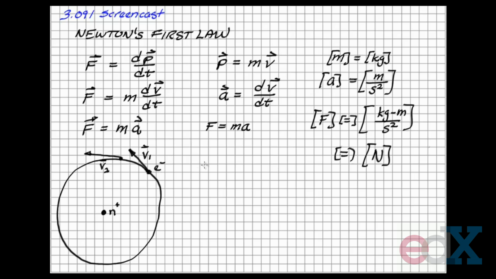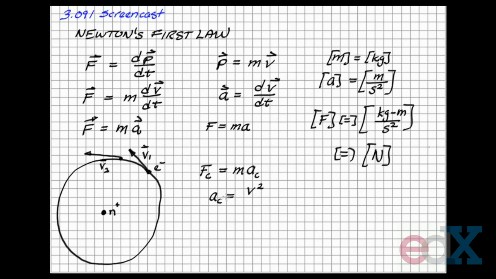We call that the centripetal force, and its magnitude has to be the mass of the electron in this case, or any orbiting body, times the acceleration that occurs due to this orbital motion. And without doing all the mathematics, it turns out that the centripetal acceleration, as we call it, depends on the magnitude of the velocity.